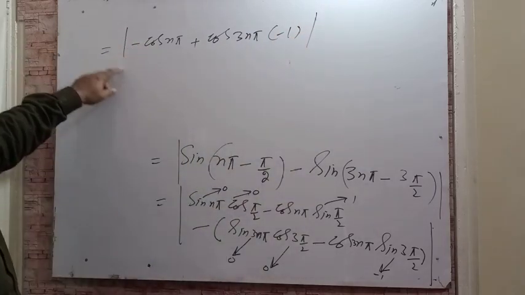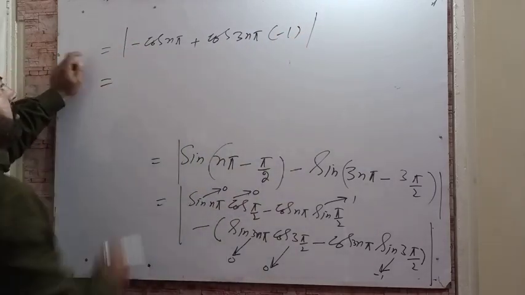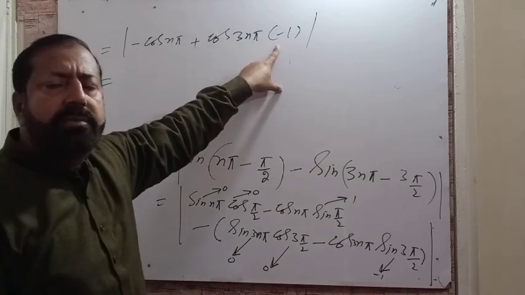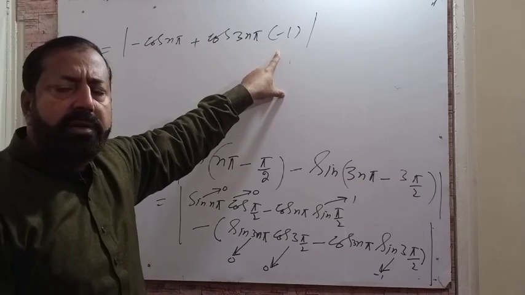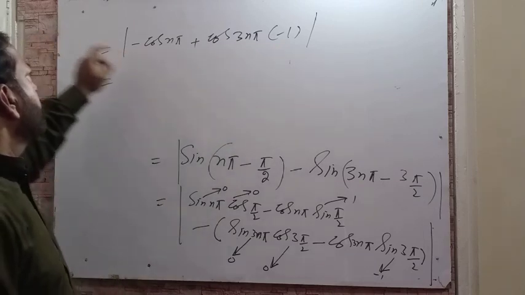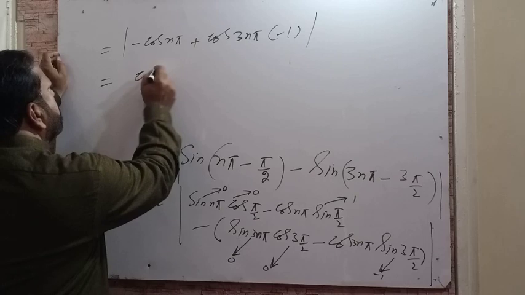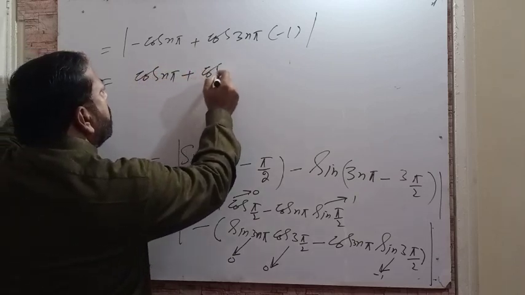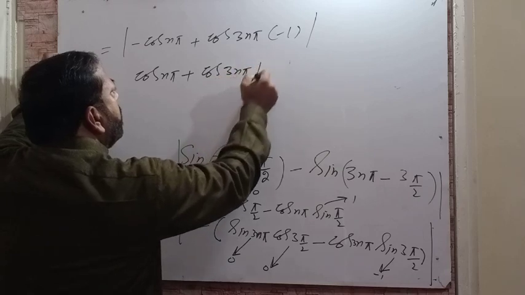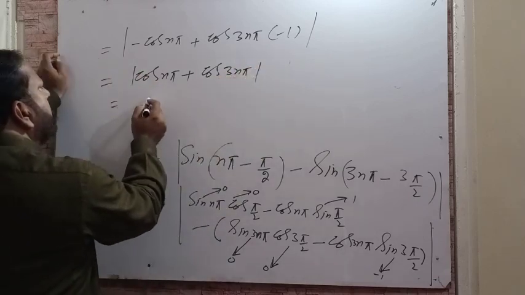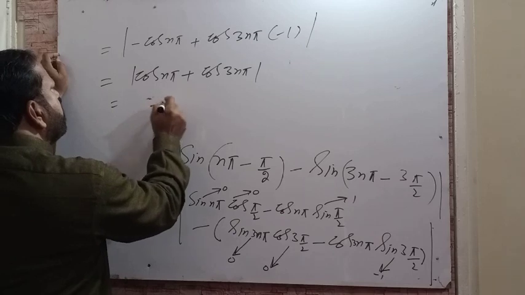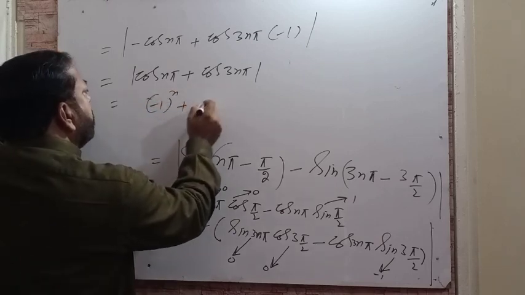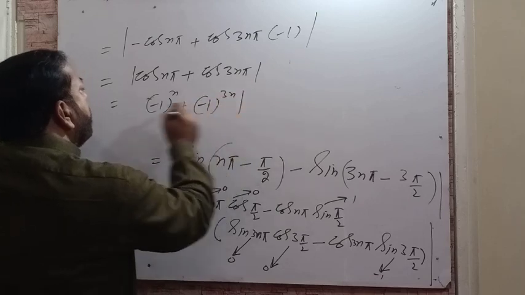Right, so this is equal to, in fact, this is minus from either side in every term, so this minus can be neglected due to absolute value. So you can write cos of n pi plus cos of 3n pi, and this is equal to (-1)^n plus (-1)^(3n).